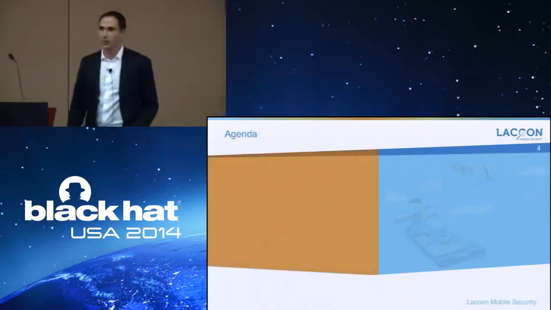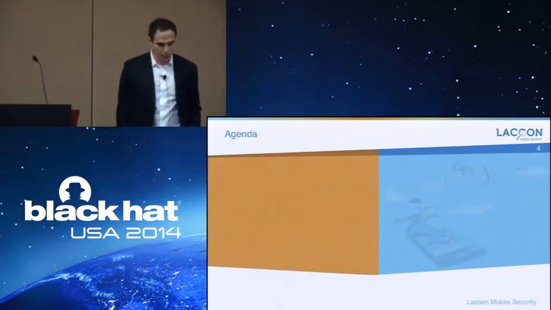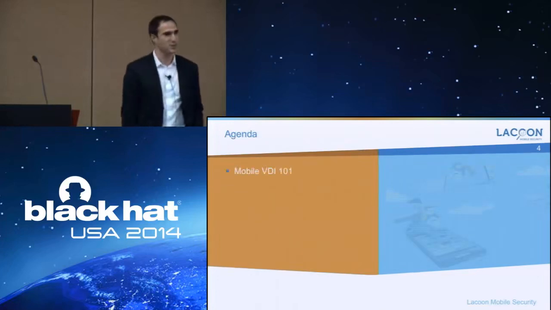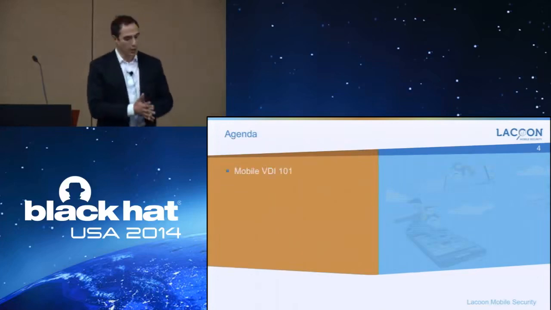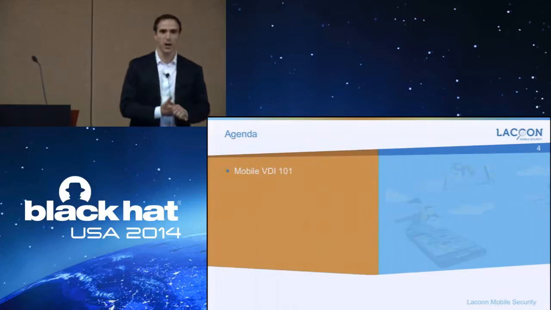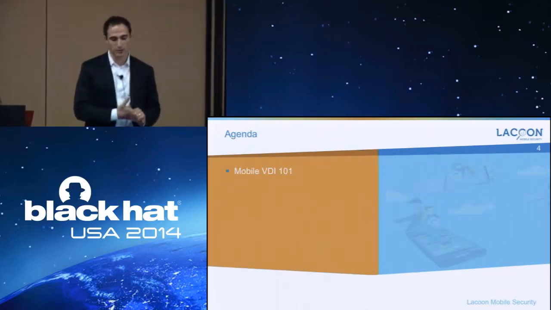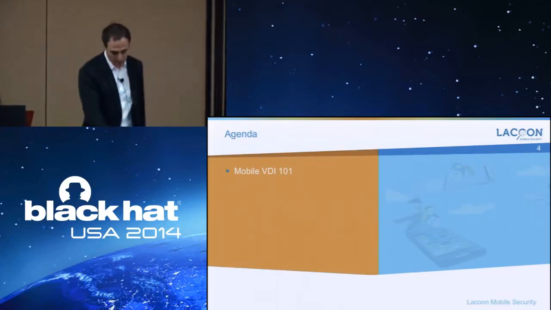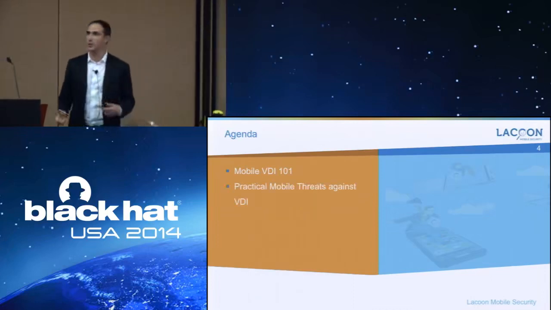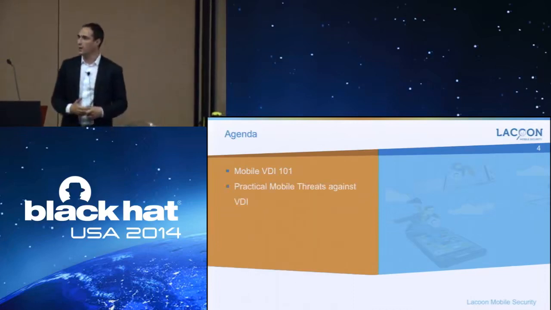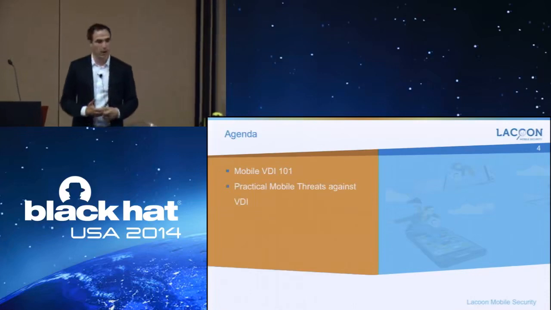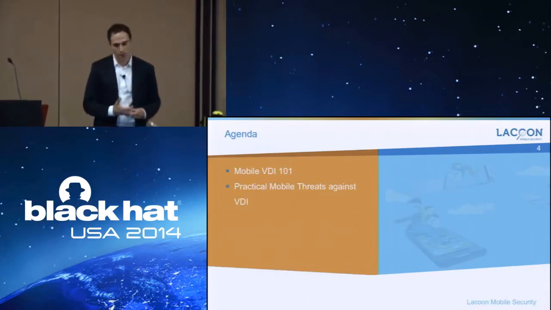So let me give you a quick agenda about what we are going to talk about today. Clearly, the first thing that we want to do is to give a quick overview about mobile VDI, basically why and how VDI solutions are being used for mobile devices. And then we will go through a series of exercises about how those attacks are being conducted in the wild.